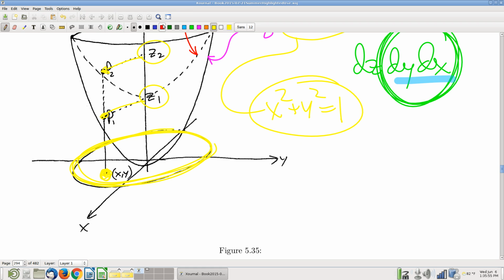I'm going to simplify things by just drawing the XY plane here. Right, this circle that we were just looking at.